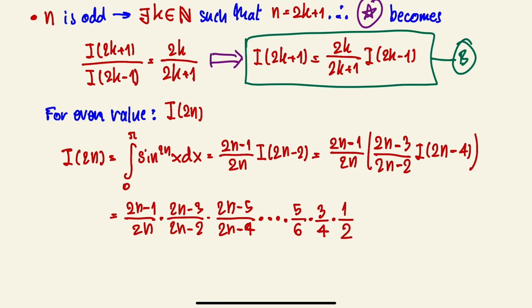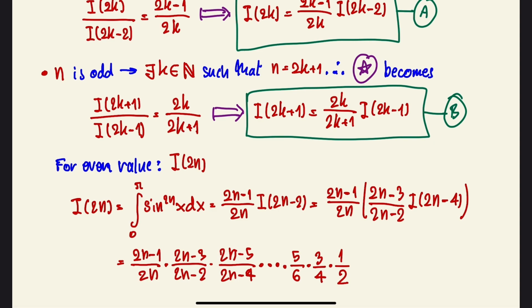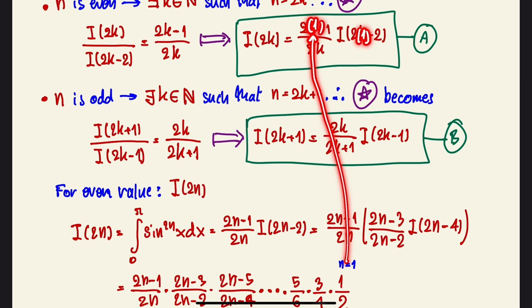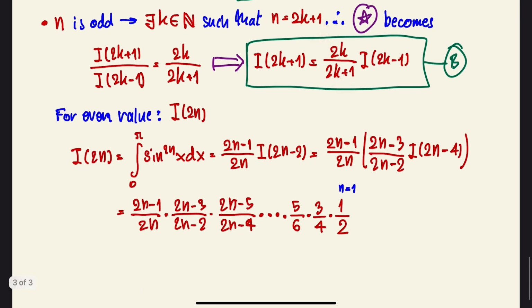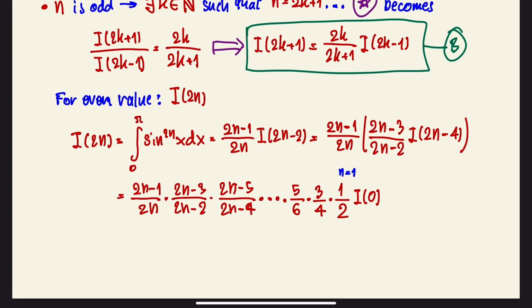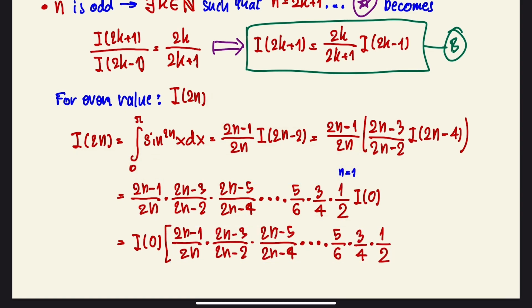Now what's next? The last one, when k is 1, gives us I of 0. What is I of 0?